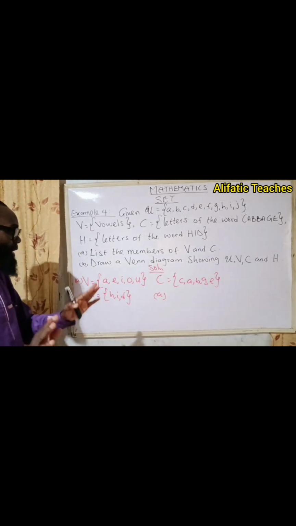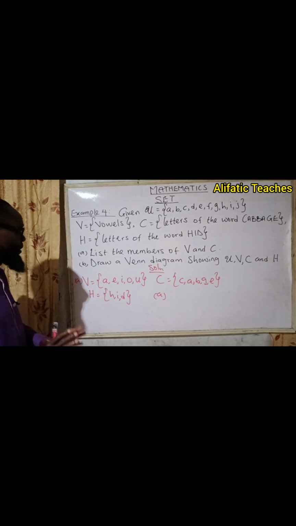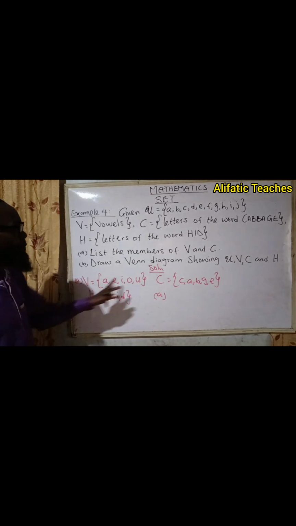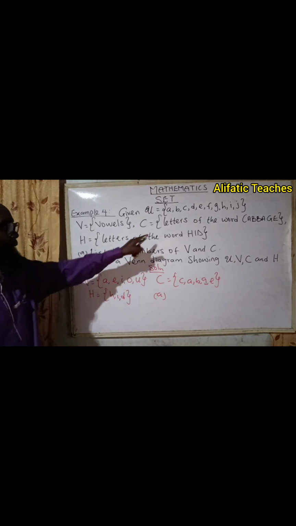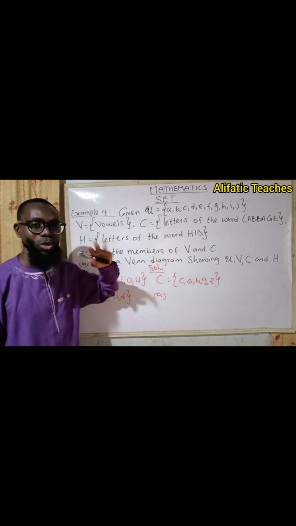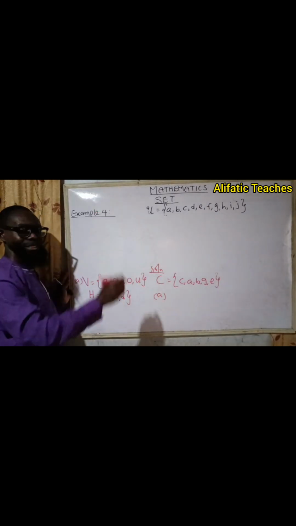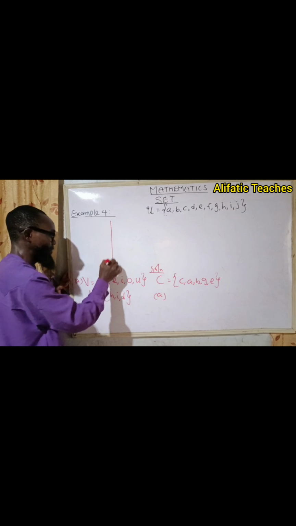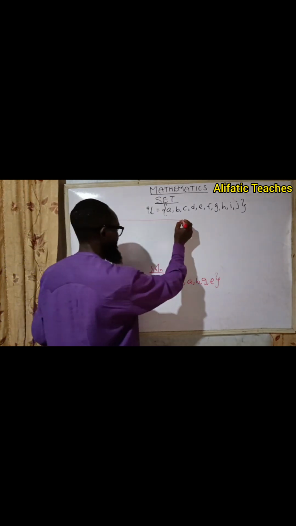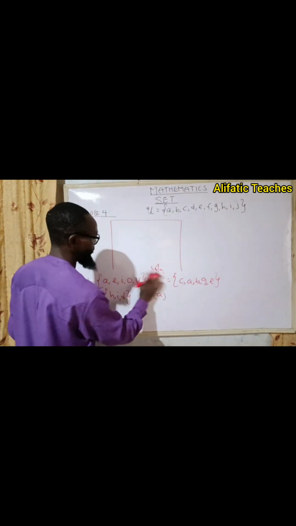Please, we have to be very calm and check it very well. We have V, we have C, we have H, and don't forget our universal set, A, B, C to J. The first thing, let us denote our universal set this way. Let me remove this solution.